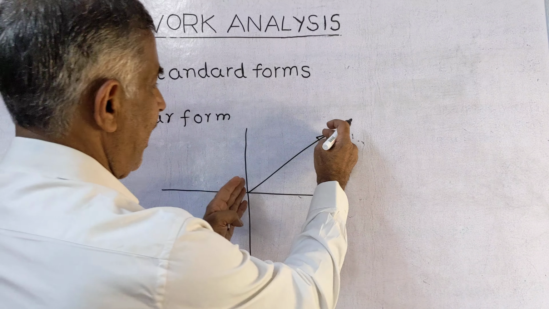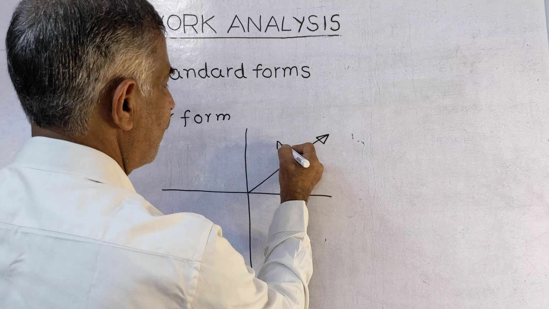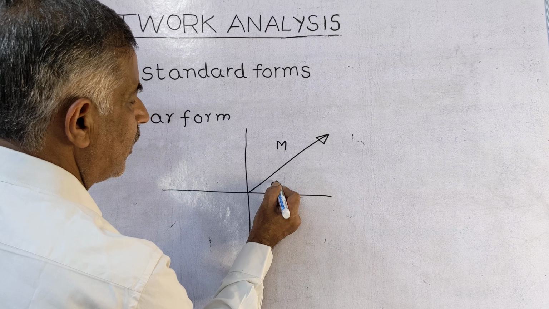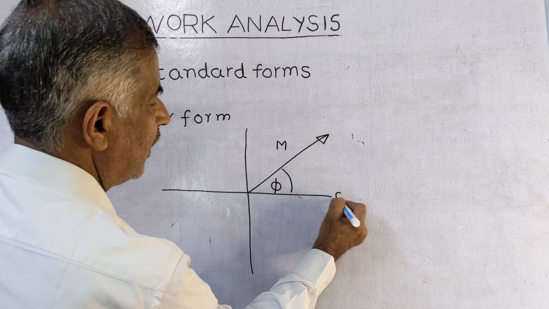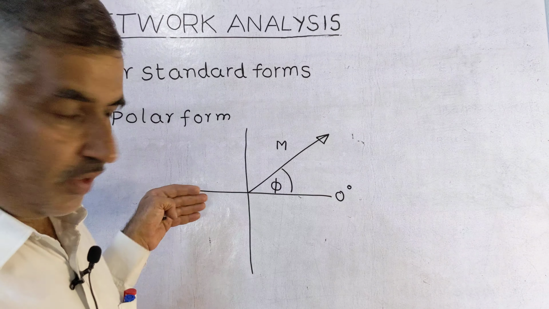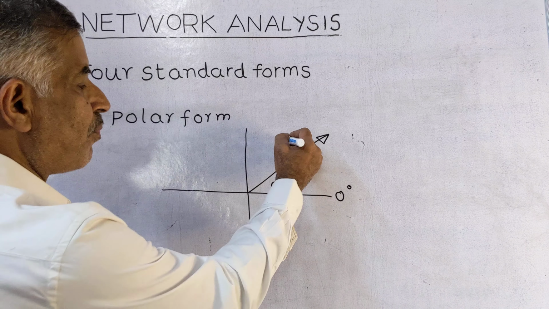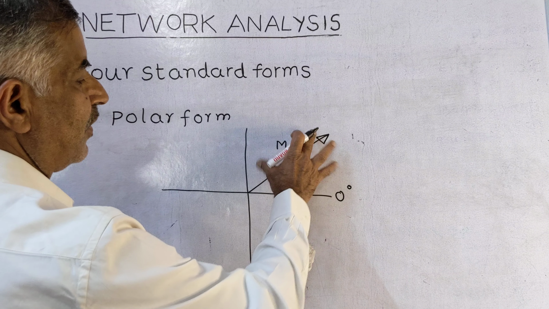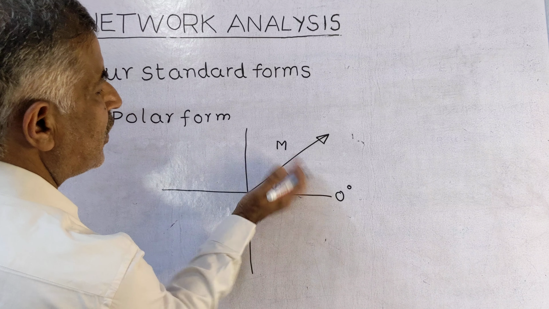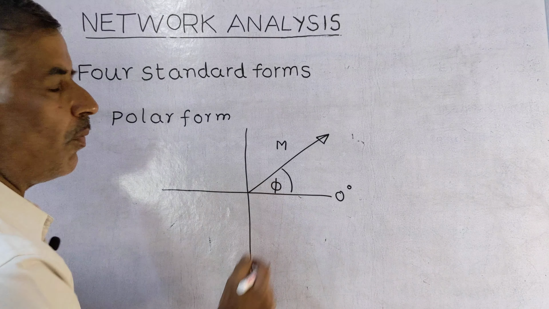This length is say m, and this is what is called the orientation. Always orientation is compared with this axis. So m is the length of the phasor, and phi is the orientation, which, as you know, is measured in this direction taking it as plus.